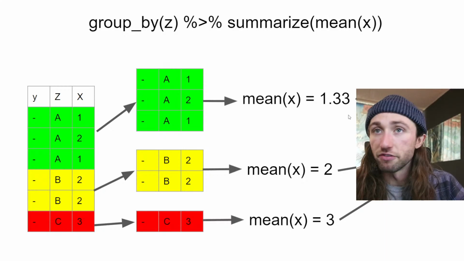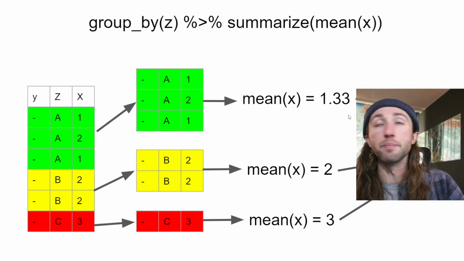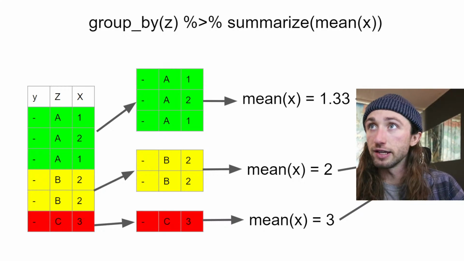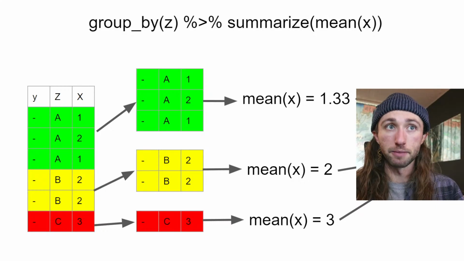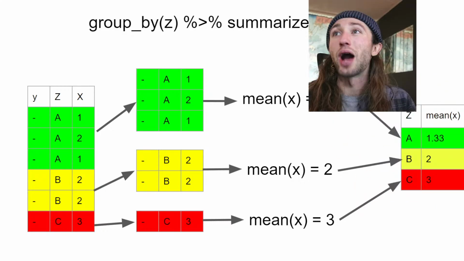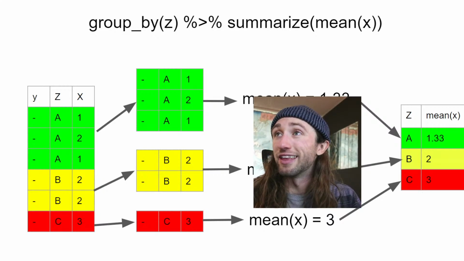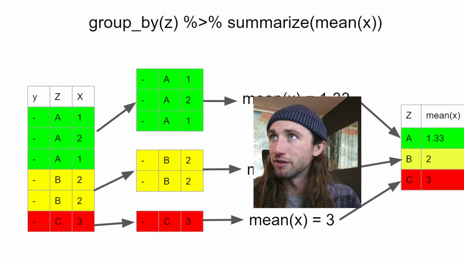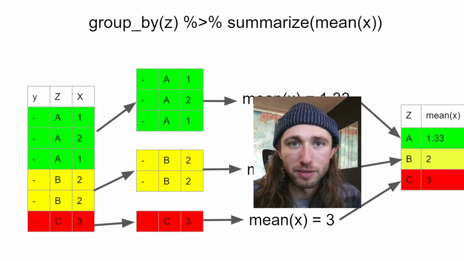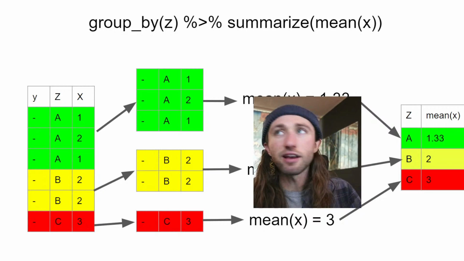Then it's going to run the mean of the X column for group B, then the mean of X for group C. It runs them individually. And then it's going to output a single data set, if you're using summarize, that actually shows, hey, what is the mean for group A? What is the mean for group B? What is the mean for group C? So that's how group by works.